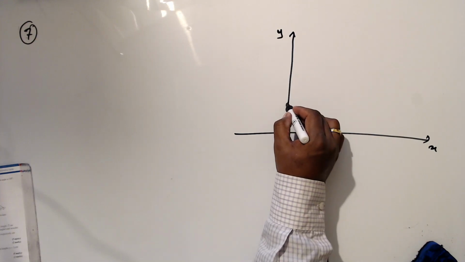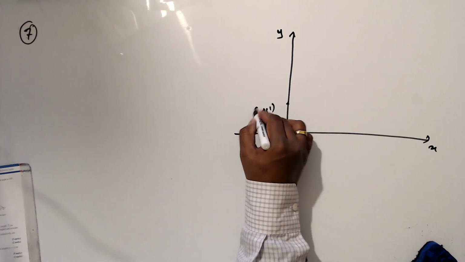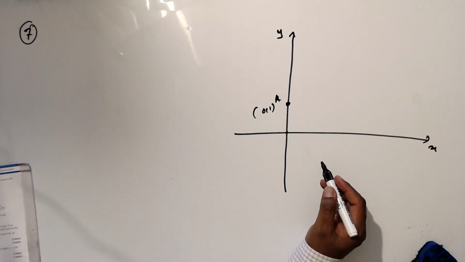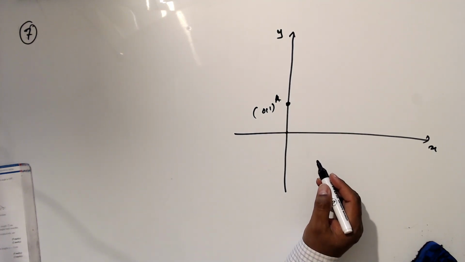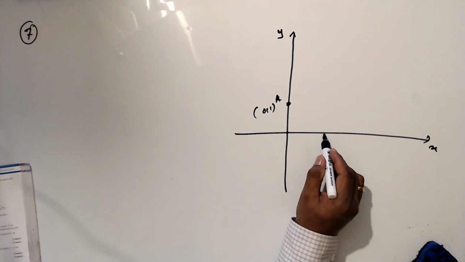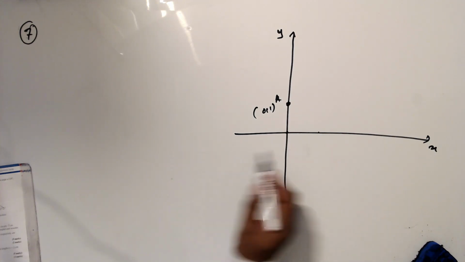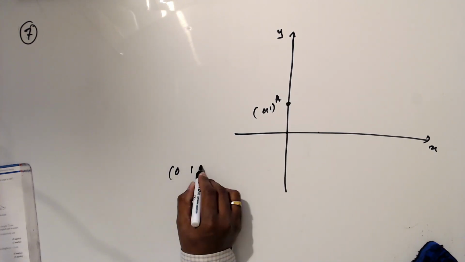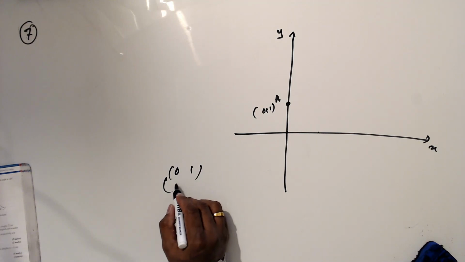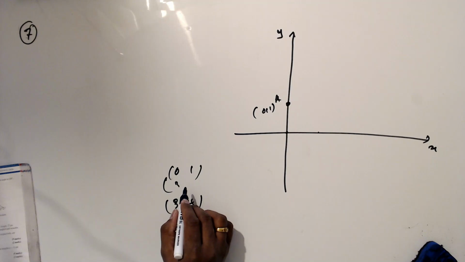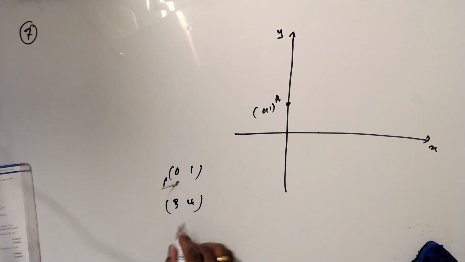This is 0 1 and B is some actual x value. When I look at x value 0 1, then the 3 4 and okay 3 4 and 1 3.